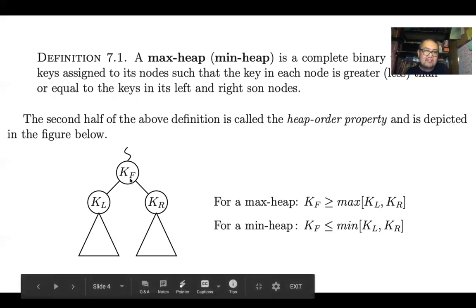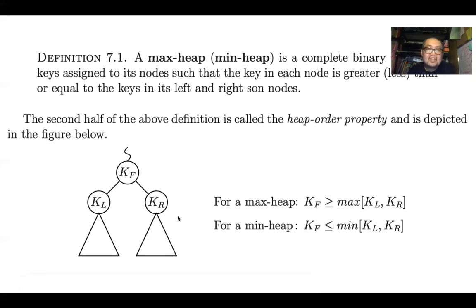So in this diagram, K sub P is greater than K sub L or K sub R. At the same time, the definition is recursive: K sub L should be greater than the values of its left and right children, and so on. If we use greater than, that will be a max heap. If we use less than, that will be a min heap. If we don't specify max heap or min heap, just assume that we are talking about a maximum heap, but they are interchangeable.